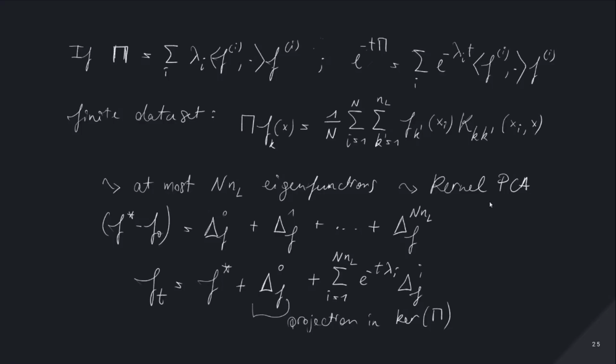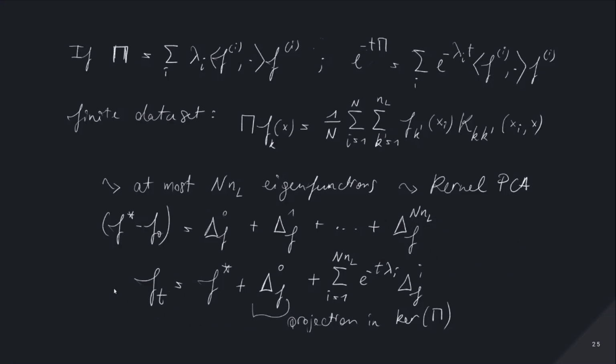on your NTK kernel. Now, I'm moving a bit fast on this one because it's maybe not essentially interesting, but I can look at my f star minus f0 and decompose it along each of my eigenfunctions. So this is my delta f, the decomposition of this vector with respect to the kernel of pi, and then the decomposition with respect to lambda 1, and so on up to lambda n.